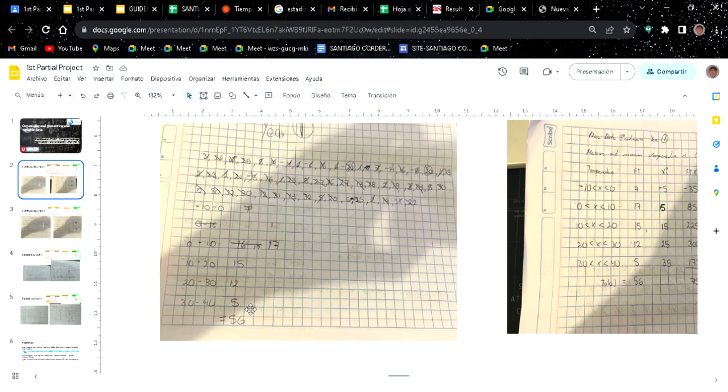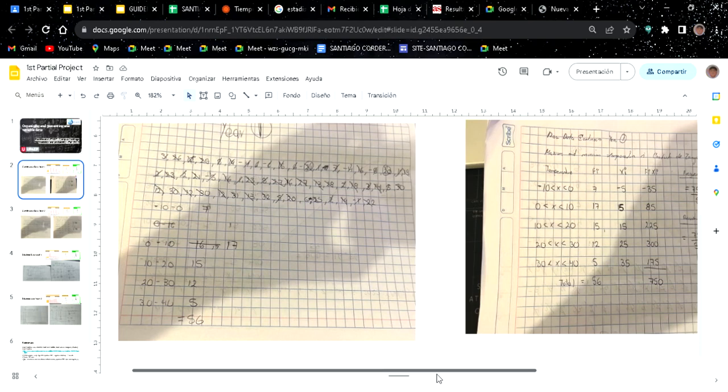Then from 10 to 20 we have 50. From 20 to 30 we have 12, and from 30 to 40 we have 5 data, and the total of this is 58.